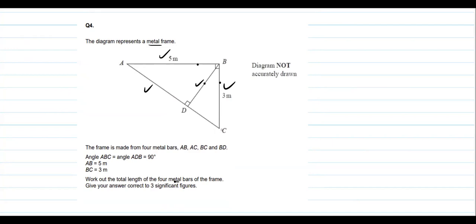I will try to find this AC. So for AC, I will use this bigger triangle. This is A, this is B, this is C. This one is 3, this one is 5. Yes, 90 degrees, so Pythagoras theorem. Pythagoras theorem is very simple.